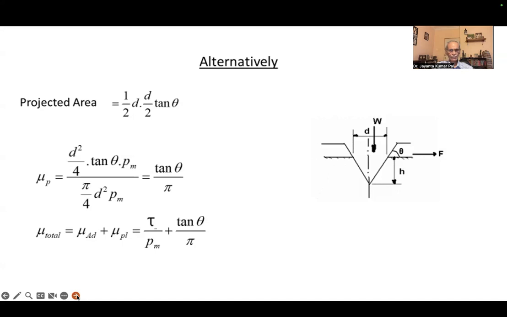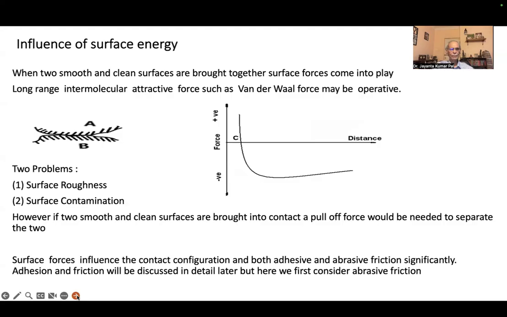So let's go to the next slide. Now here we consider the surface energy that we discussed earlier. When two smooth and clean surfaces are brought together, surface forces come into play. Long range or short range intermolecular forces come into play.